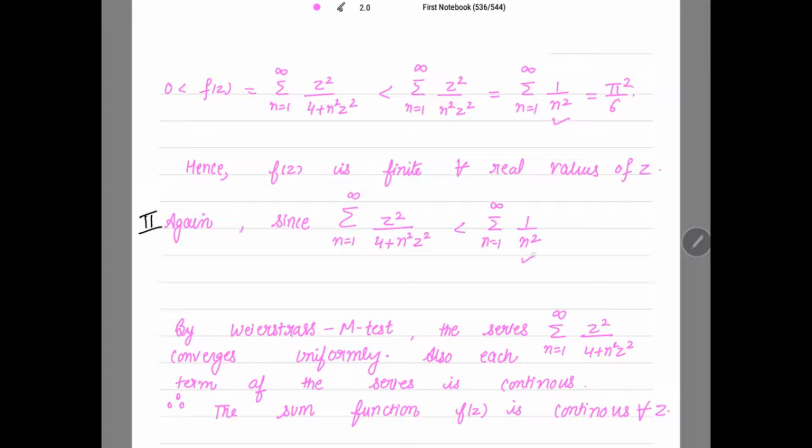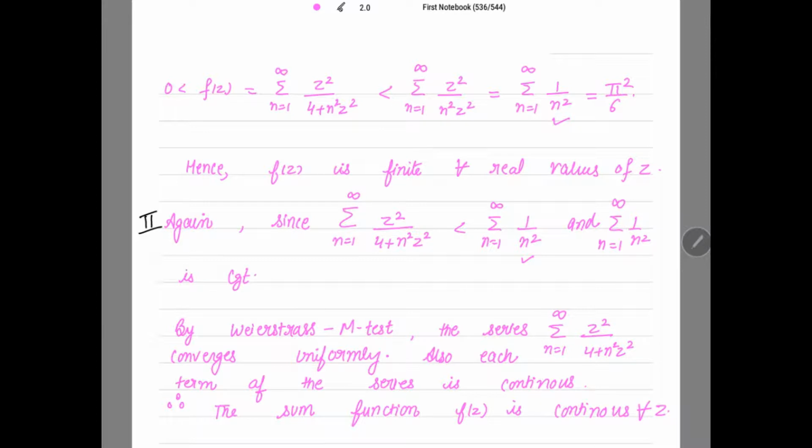We know that by the p-test, the series of 1 over n to the power p is convergent because p is greater than 1, that is 2. So the summation n going from 1 to infinity of 1 over n square is convergent.